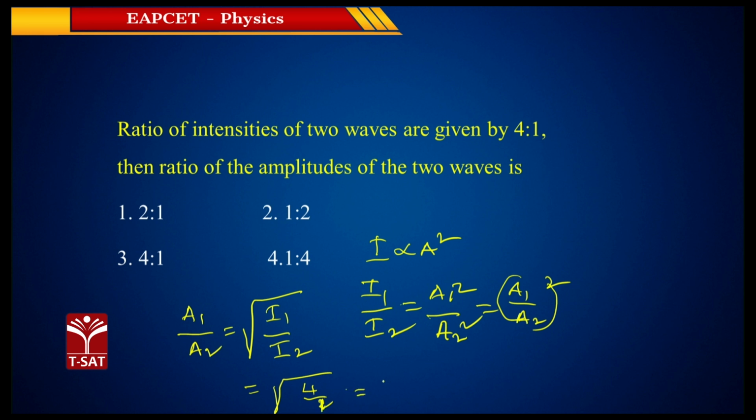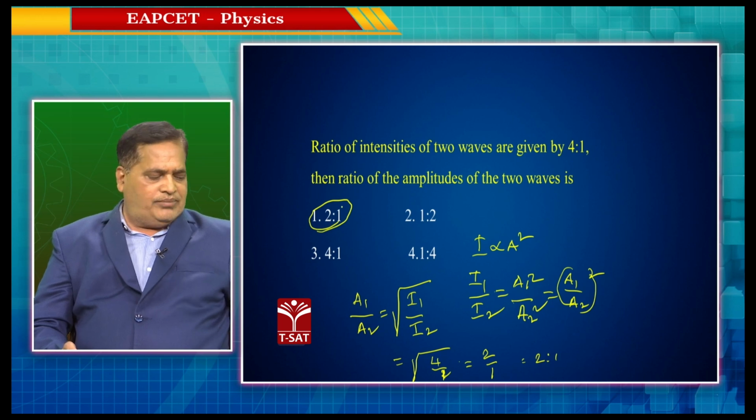Root 4 is equal to 2. Therefore the answer is 2:1. Are you clear? I hope that you are clear. The intensity is directly proportional to the square of the amplitude.